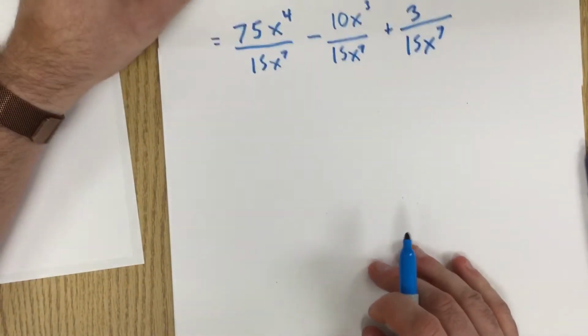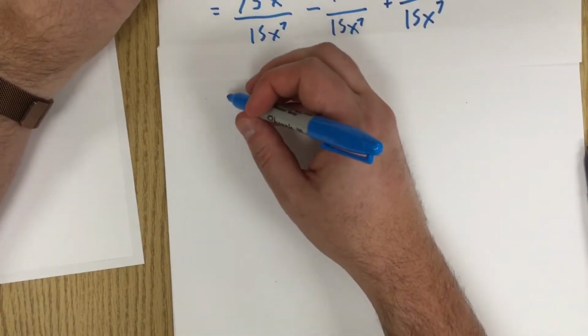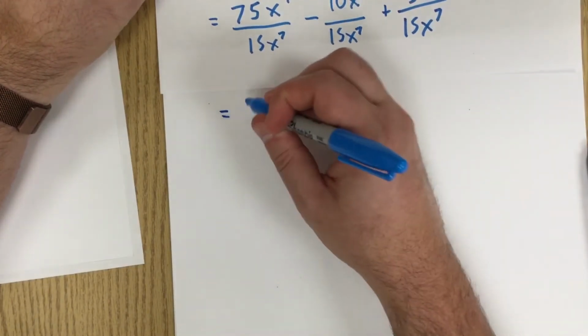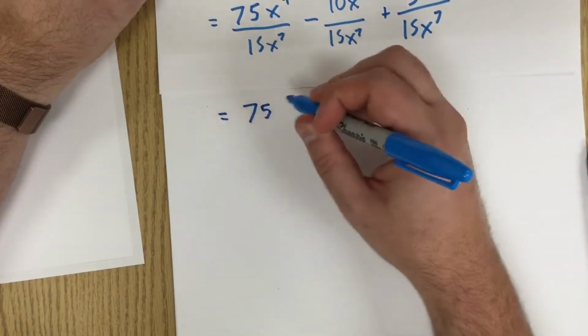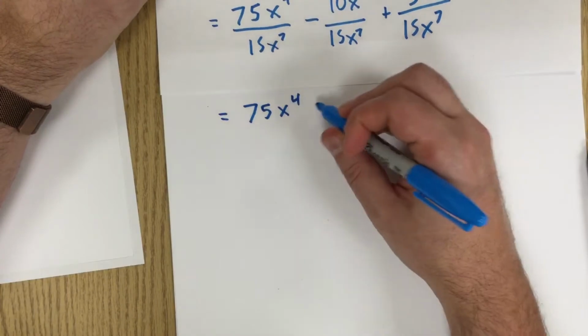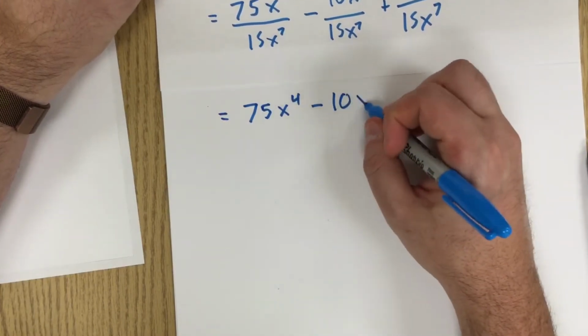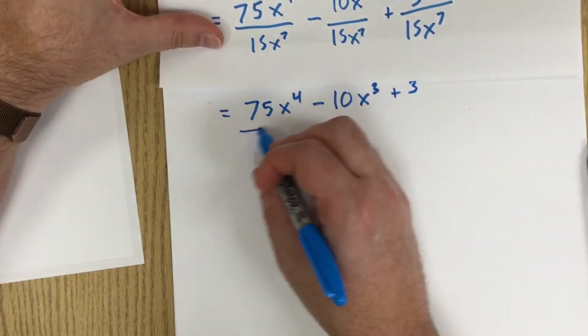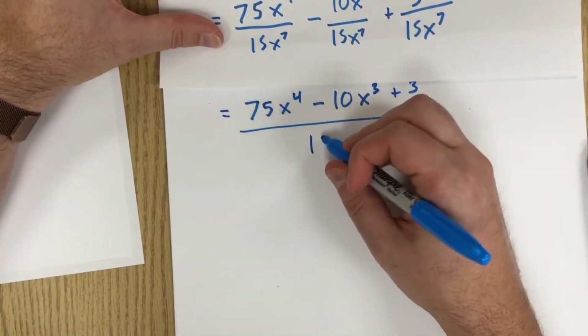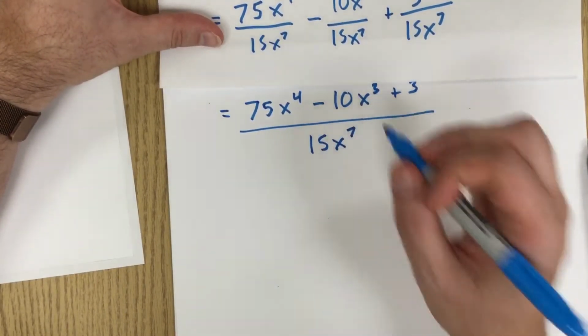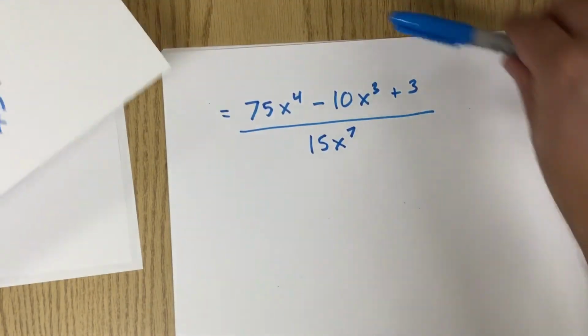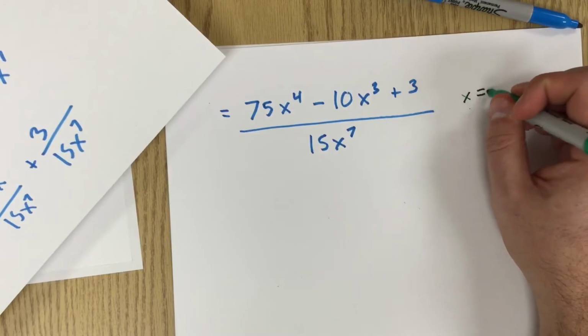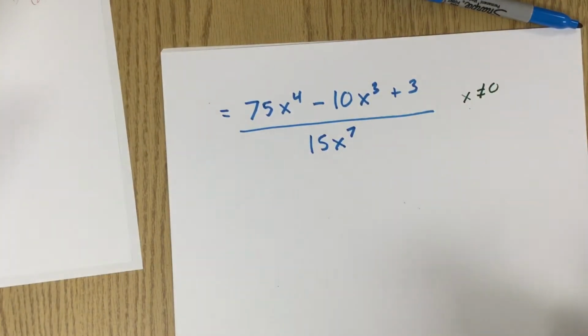I run out of paper. So that's going to be equal to 75x to the 4 minus 10x cubed plus 3, all divided by 15x to the 7. Such that, it's the same restriction on every step, x is not equal to 0.